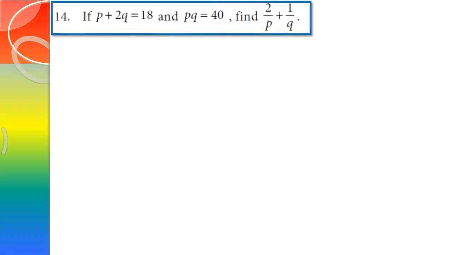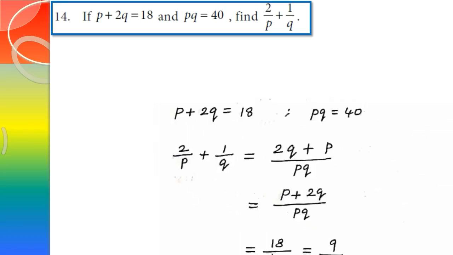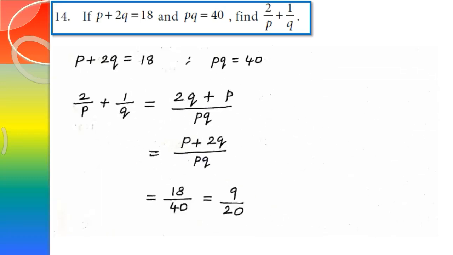Next we go to question number 14. If P plus 2Q equals 18, PQ equals 40, find 2 by P plus 1 by Q. Next step, P plus 2Q equals 18, given value PQ equals 40. 2 by P plus 1 by Q equals, in this question, cross multiplication gives 2Q plus P by PQ.